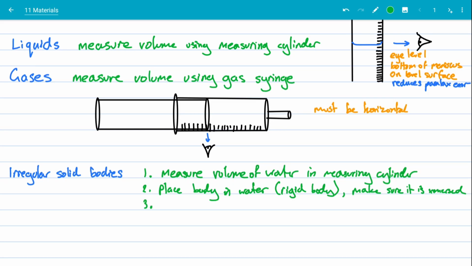Right, point number 3. So we're immersing the body in water, and then we measure the volume of the water plus the body that's in the water. And then we calculate the volume. Let's use a different color pen.